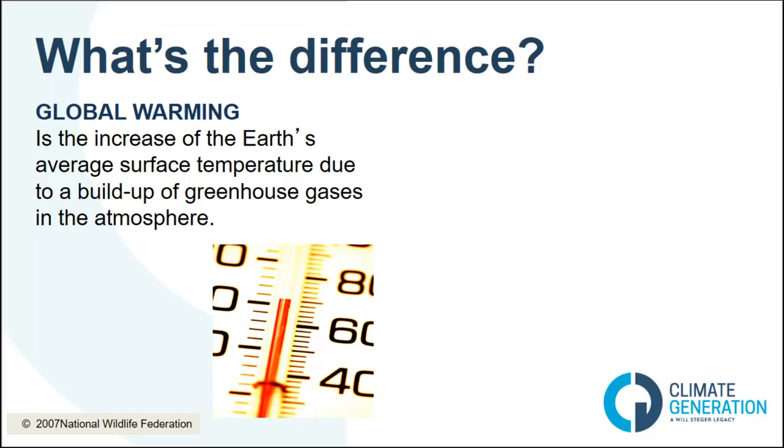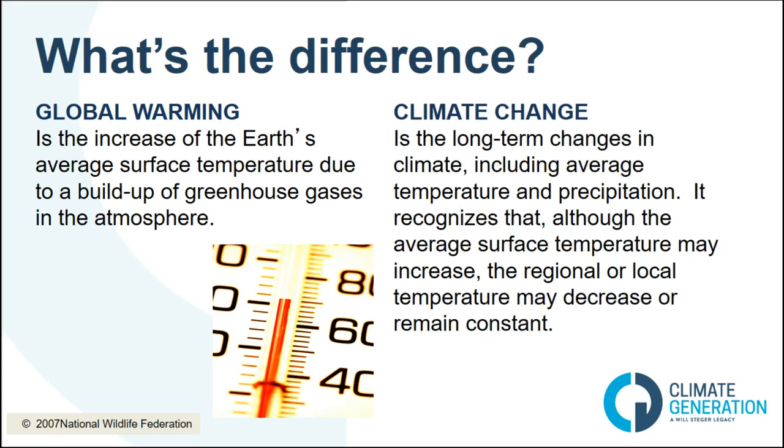So what is the difference between the terms global warming and climate change? I'm sure you've all heard of them, at least in some capacity before. Global warming is the increase of the Earth's average surface temperature due to the buildup of greenhouse gases in the atmosphere. Climate change is the long-term change in climate, including average temperature and precipitation.